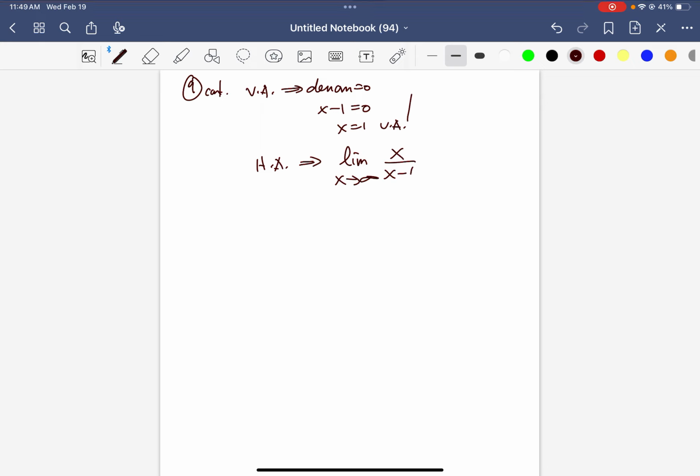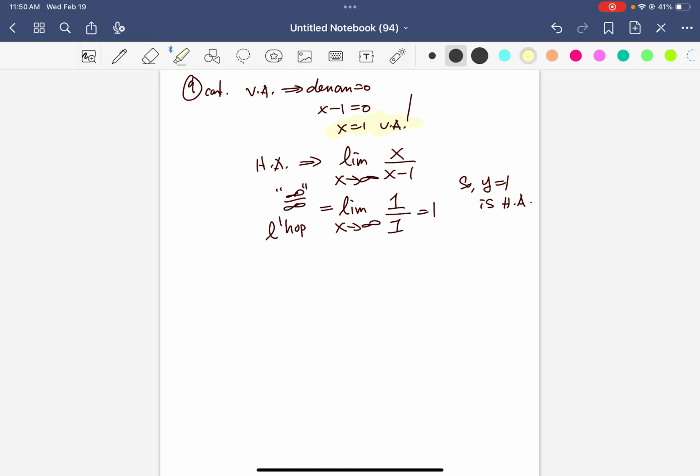And so for us, it's this over this. Well, notice that has the form of infinity over infinity, so we can use L'Hopital's rule. And so we end up getting the limit as x goes to infinity of 1 over 1, which equals 1. So y equals 1 is a horizontal asymptote. So we have a vertical asymptote at x equals 1, and a horizontal asymptote at y equals 1.